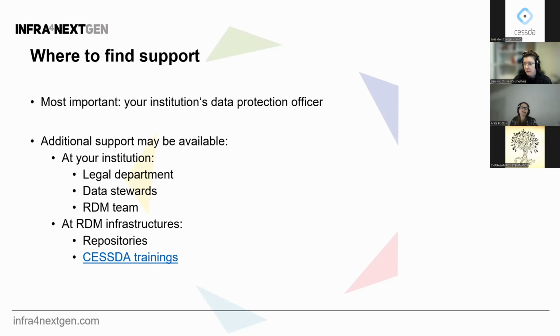So it's a good idea to reach out to your repository before you even start the data gathering process, so that you can confirm with them that the approach you choose in your informed consent, for instance, is compatible with their legal basis. And there are a lot of training materials online in the CESSDA training catalog.